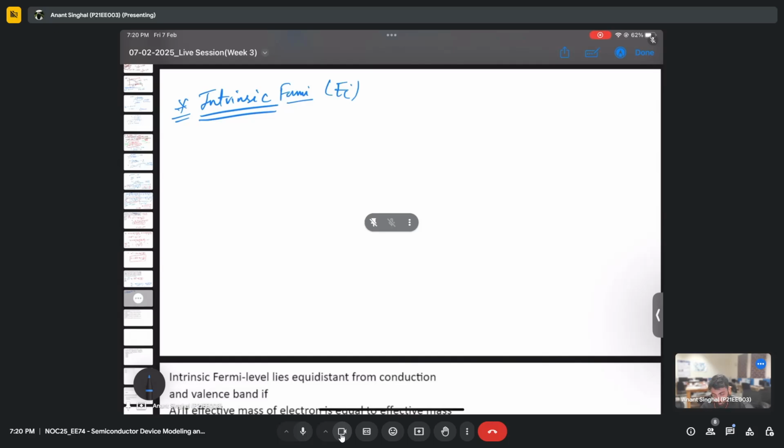First of all, we already have these formulas. So n is nothing but Nc exponential of minus (Ec minus Ef) over kT. p is Nv exponential of (Ev minus Ef) over kT.